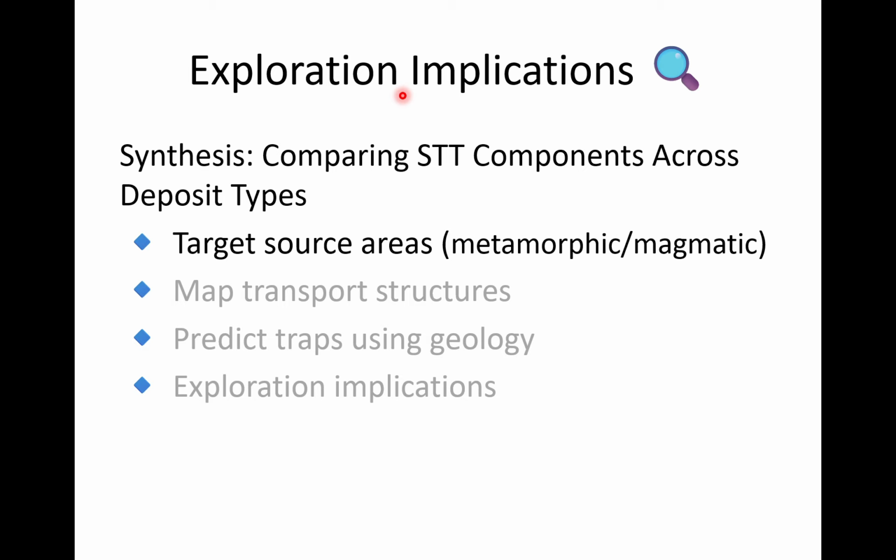The source regions are deep, mesozonal to hypozonal, between 5 and 20 kilometers depth, and they're large in scale, which is why orogenic belts produce many large deposits.